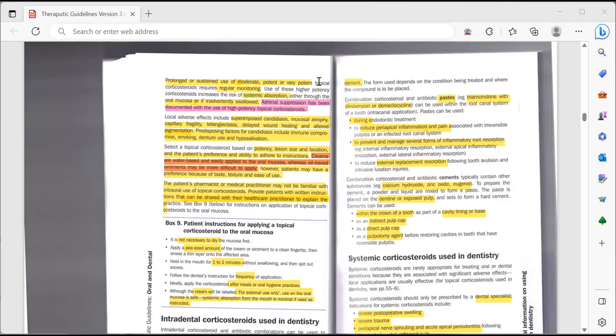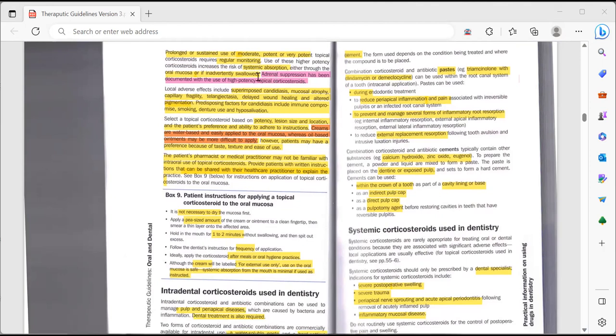With high potency corticosteroid, it can also lead to adrenal suppression, which is the major side effect of this drug, which you all know is an emergency condition where it can cause hypotension, GIT symptoms, and the patient can collapse.